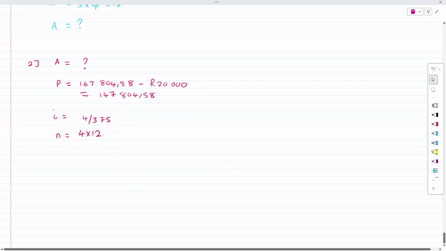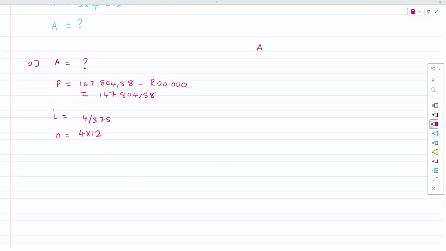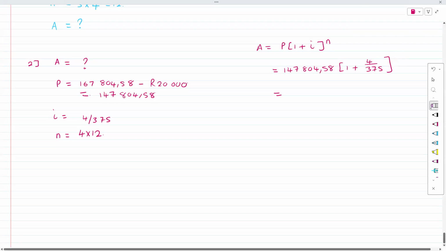I think all my work is squashed up, but yeah, that's A equals P, 1 plus I to the power of N. P is 147,804.58, and that goes to 1 plus 4 over 375 to the power of 12. No, this is not 12. This is 48. Okay, this was 48.